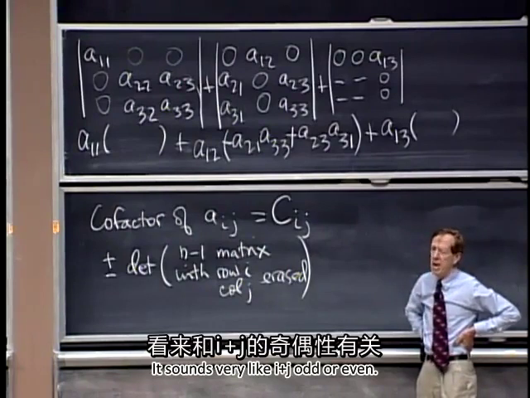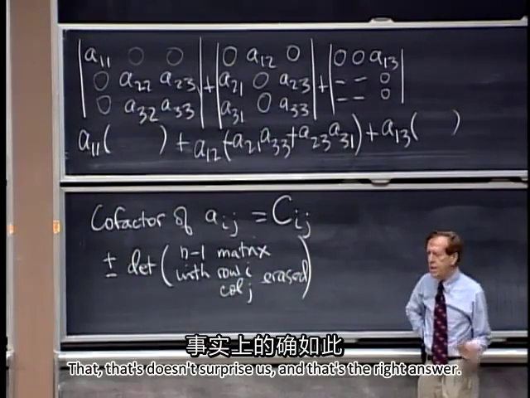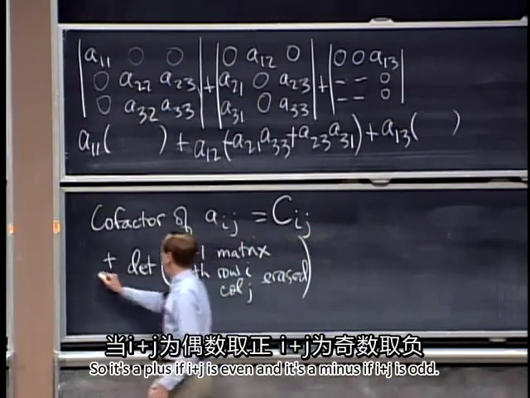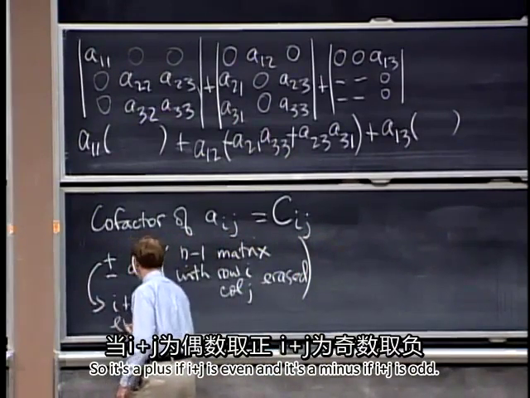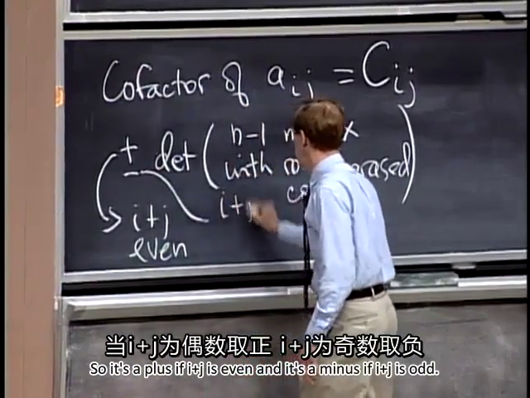It sounds very like i plus j odd or even. That doesn't surprise us, and that's the right answer. So it's a plus if i plus j is even. And it's a minus if i plus j is odd.